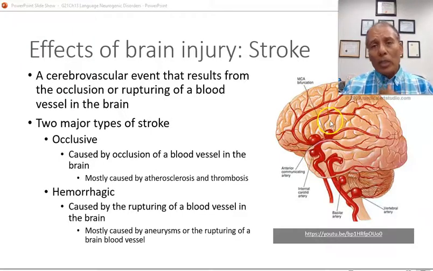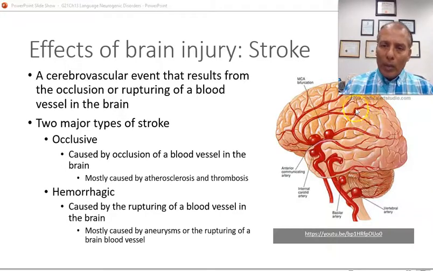And if the blood supply is interrupted for just a few minutes, that could cause damage by interrupting the functions of the areas that are deprived. So we have again the cerebrovascular event can be a hemorrhage, or it can be an occlusion or blockage of a blood vessel.